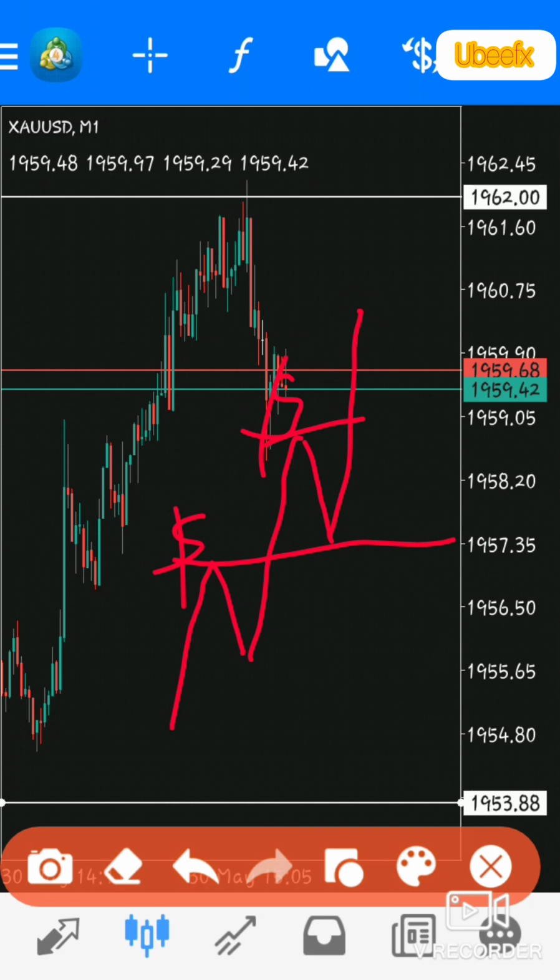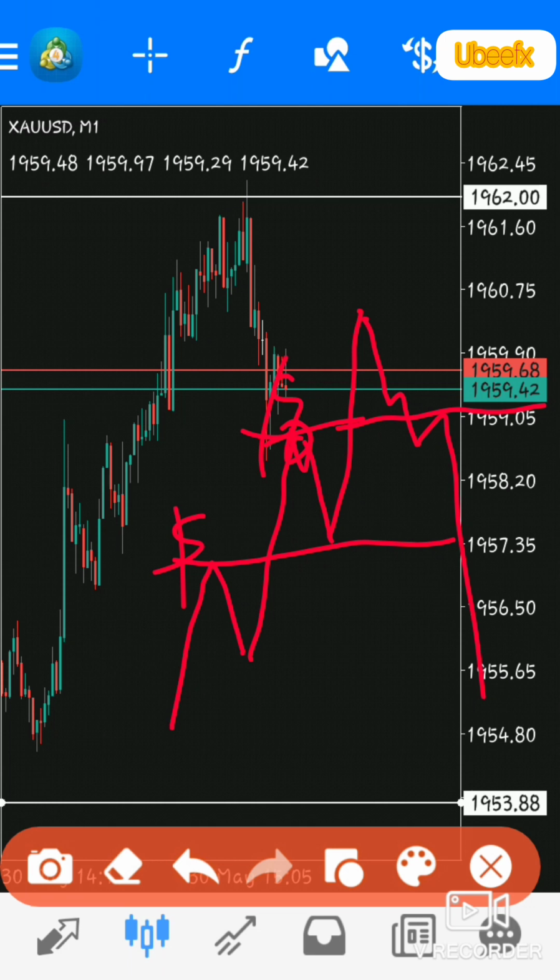Once you have this, you want to look for price to come back down and break the support which was previously resistance. Come down, break the support, and then you sell.